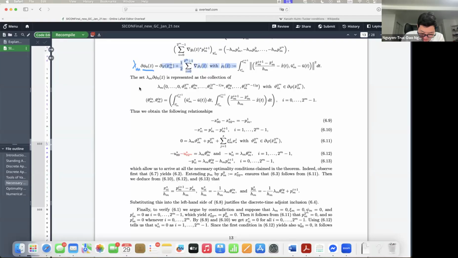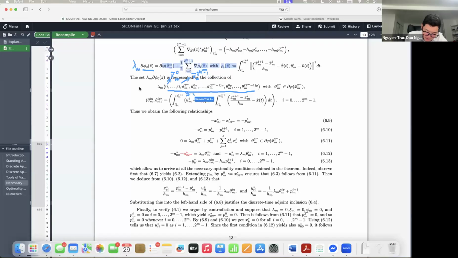So the first term, please remember that this one has the form of z bar. Okay, so this corresponds to x bar 0m. This one corresponds to x bar 2m minus 1, sorry.